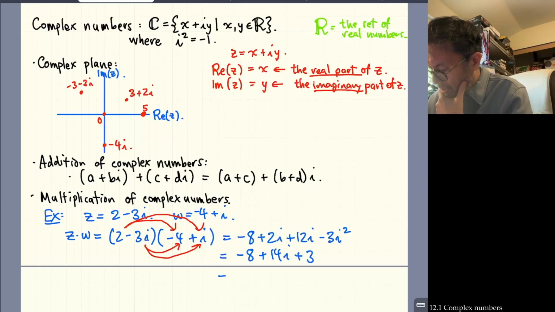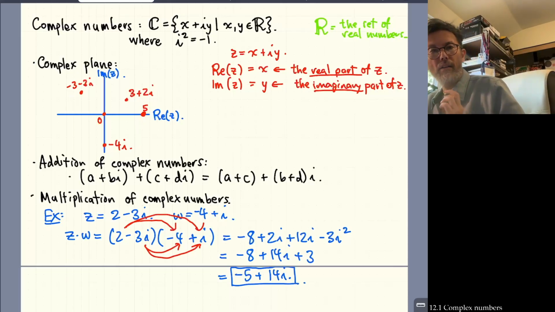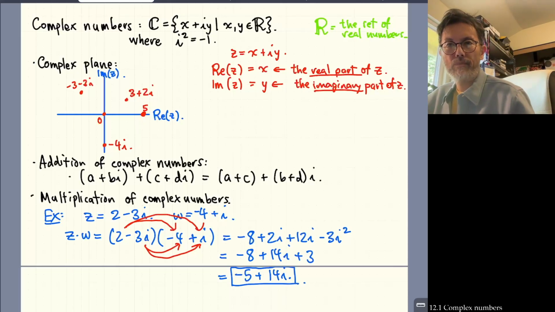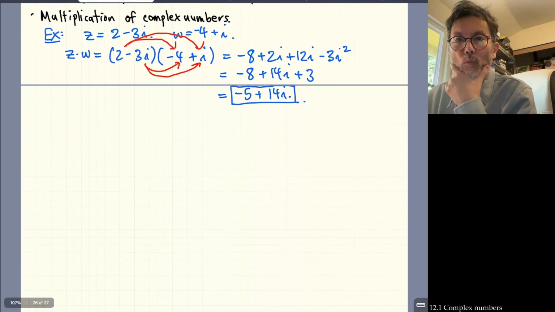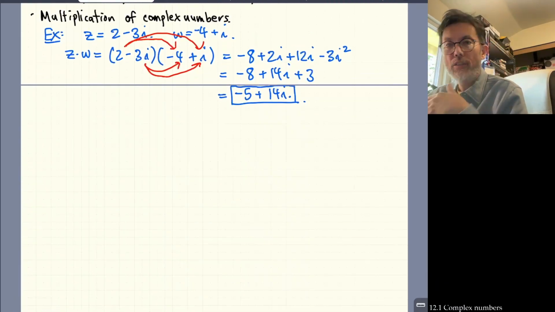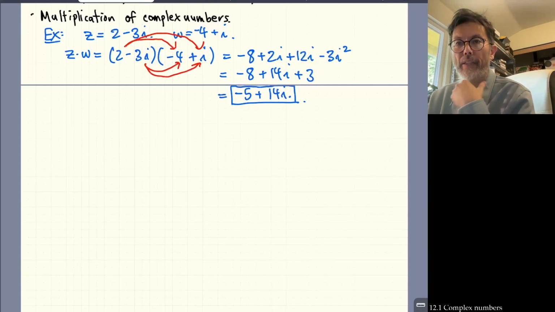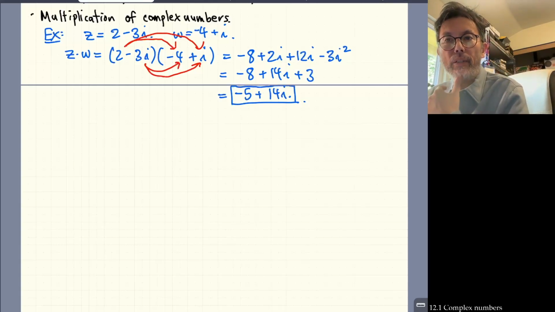And if I put all this together, I get negative 8 plus 3, which is negative 5. That's correct. Plus 14i. That's the product of z with w. Okay? And that's how multiplication works. It's pretty straightforward. You just carry it out using the distributive property.